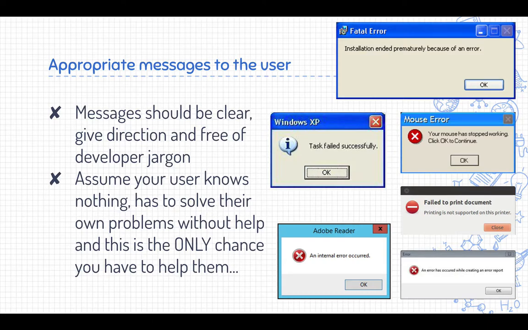I'll Google that error code. Okay, fantastic, I can actually solve this problem. So, your messages should be clear, but assume in the first place your user knows nothing. They have to solve their own problems without any help, and your message box is the only chance you have to help them. If you come from that idea of thinking, every message you provide your user with will be sufficient.